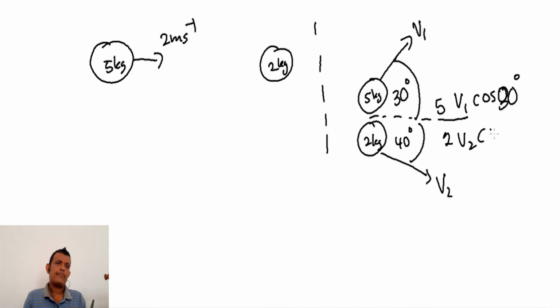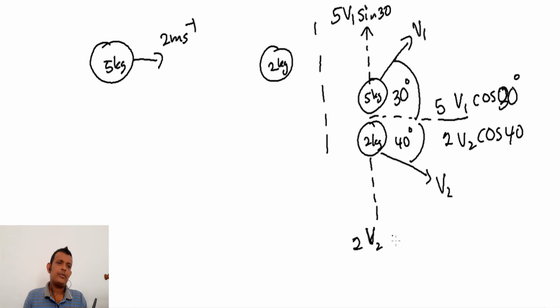For the vertical components of the momentum, we have 5 v1 sin 30 and 2 v2 sin 40. With the angle you write cos, and without the angle you write sin. That's the easy way to find the two components of a vector.